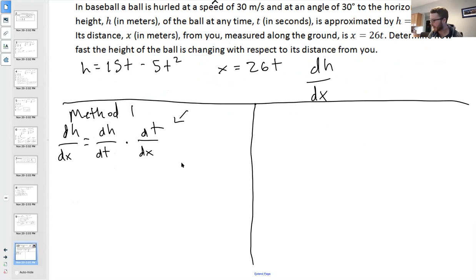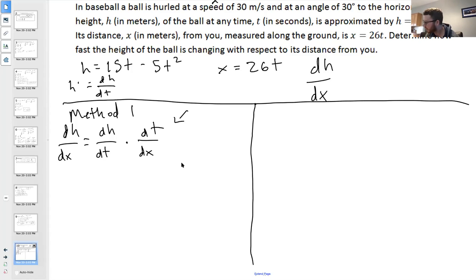Okay, so we know h and we know x, right? We've already isolated that, or we know the formulas for those. So if we took the derivative of h, because h is our formula, h is equal to 15t minus 5t squared, and t is our variable, h prime is going to be the derivative of h with respect to time, because that is our variable.